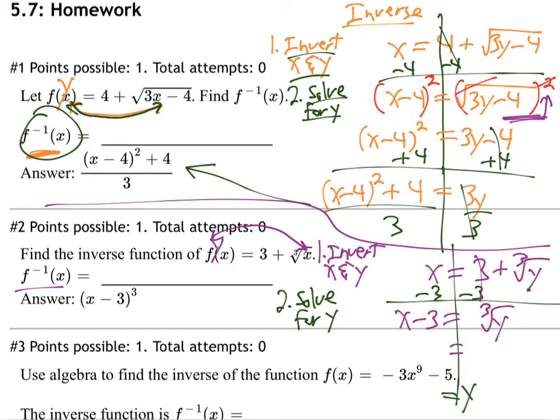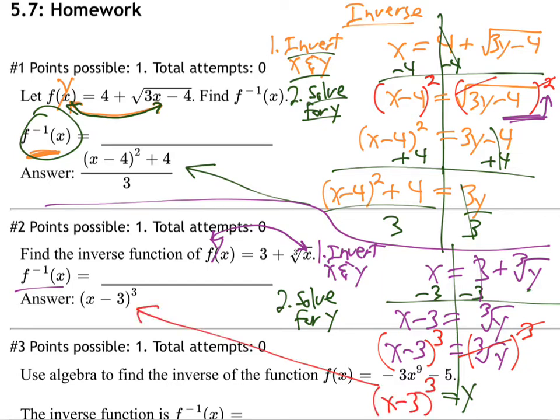So I'll bring it down one more line here. And then I'm just going to third power both sides like that. The third power cancels the third root, gets you y alone. X minus 3 to the third power. There's the answer. That's the inverse function.